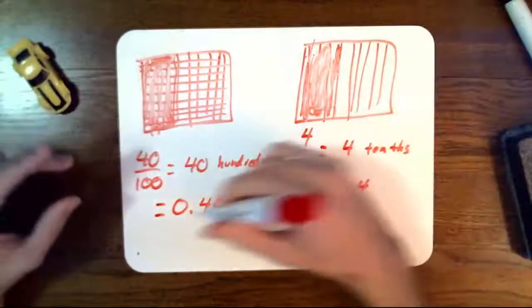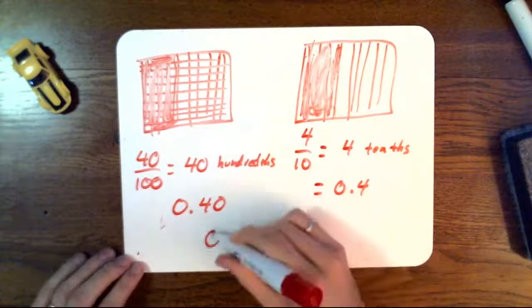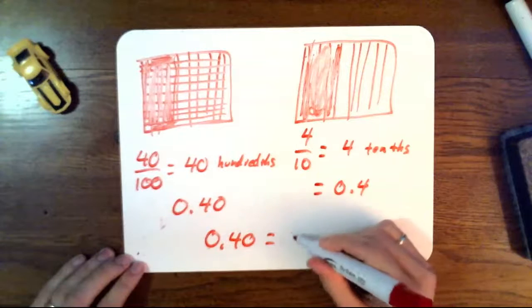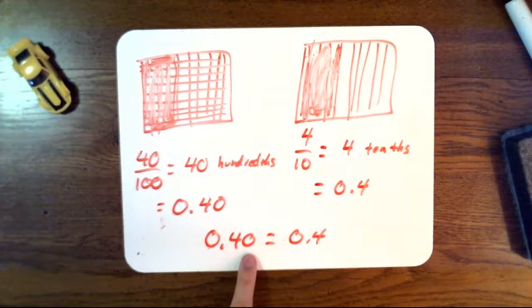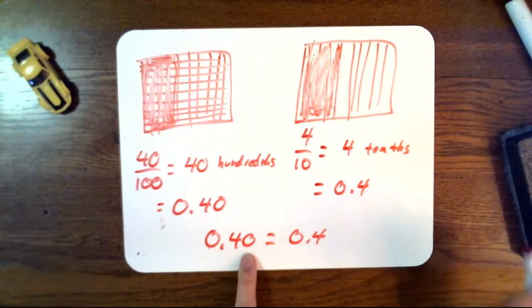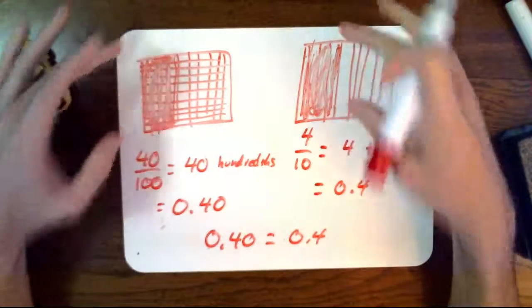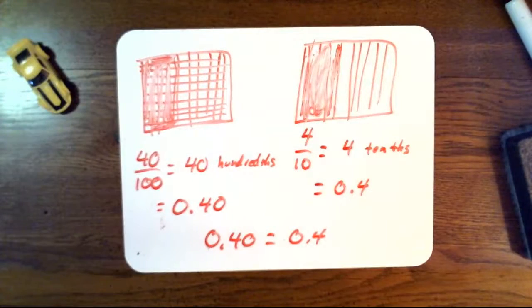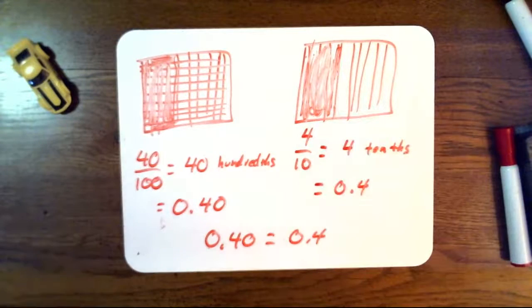But keep in mind that these two things are actually equal to each other. Because anytime you have a 0 hanging on to the right, it becomes less important, because 40 hundredths and 4/10ths still shade the same amount of a fraction, or the same amount of the square, which can also be expressed as fractions.